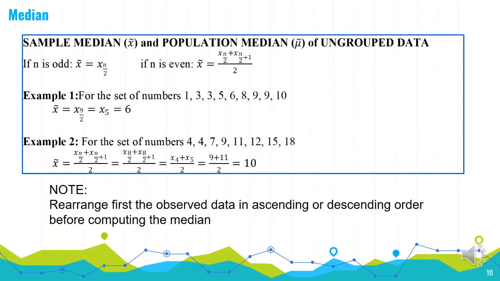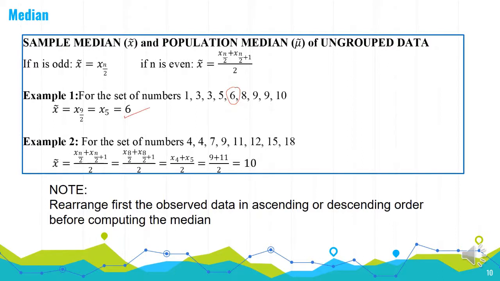For this lesson naman, this section, we are going to discuss yung median, kung paano siya isosolve. Pag sinabi nating median, it means middle, gitna. So, kung ikaw ay merong ungrouped data na 2, 4, 6, 8, 9 na data, dahil odd yung 9, yung pinakagitna ang nagiging median natin.